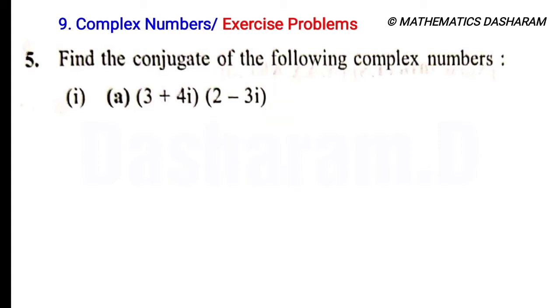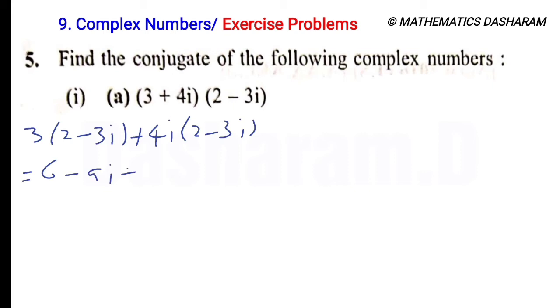The first question is 3 plus 4i into 2 minus 3i. So 3 into 2 minus 3i plus 4i into 2 minus 3i. It equals 3 2s are 6, 3 3s are 9i, 4 into 2 is 8i, minus 4 3s are 12i square. So 6 minus 9i plus 8i is minus i, minus 12 into i square, which is minus 1.